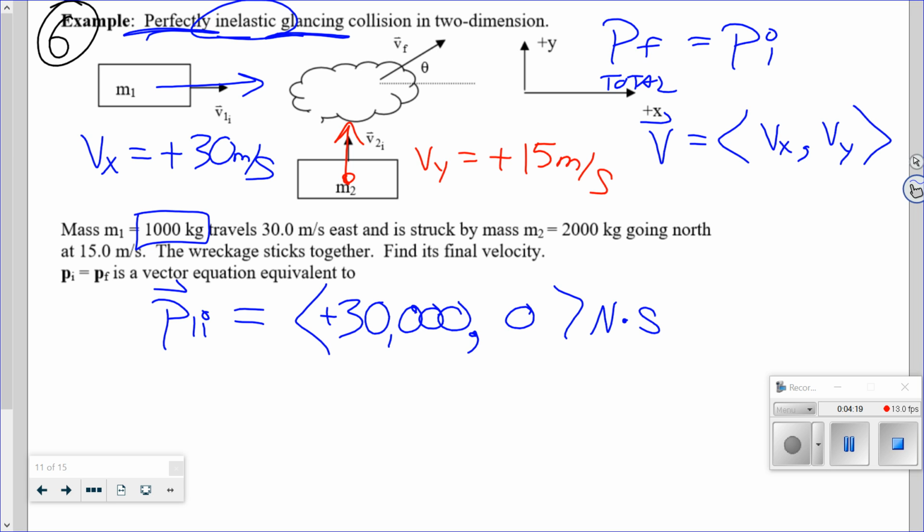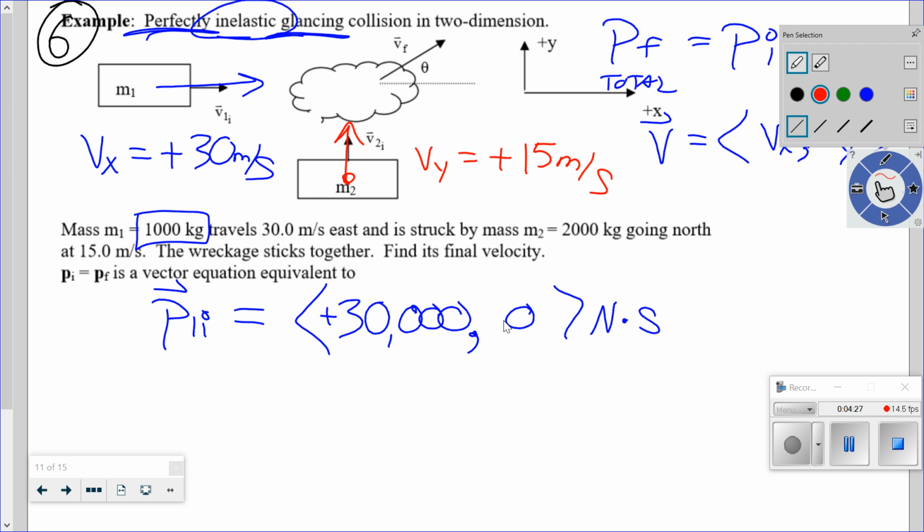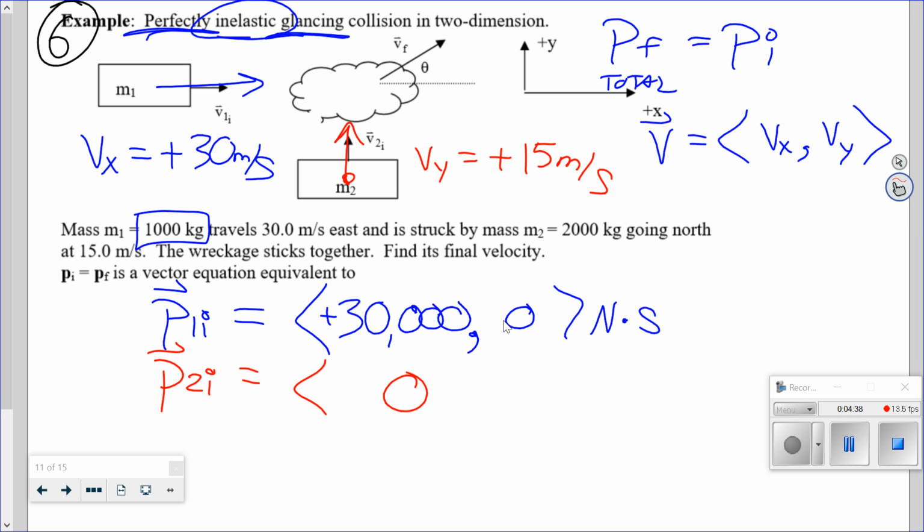There's newtons or kilogram meters per second. It's nice to remind yourself that that's momentum, and we can't just add velocity. Okay. Here's momentum of object 2 initial. Oh, it doesn't have any x momentum. And its y momentum is also 30,000, but in the y direction.